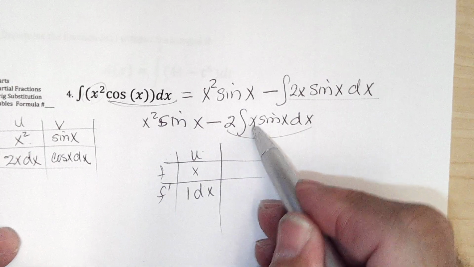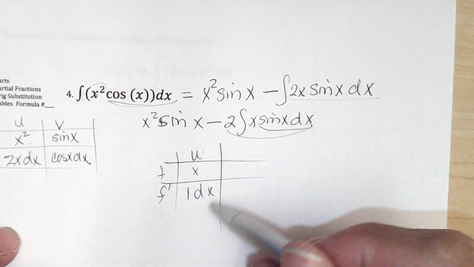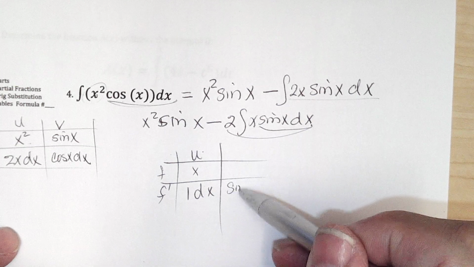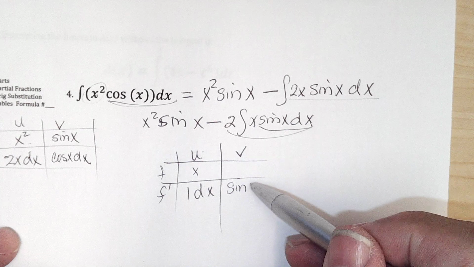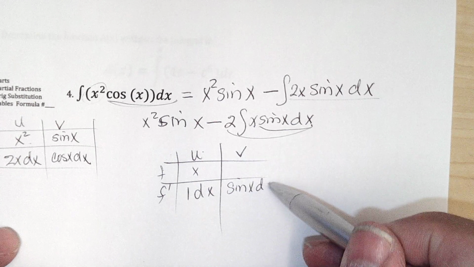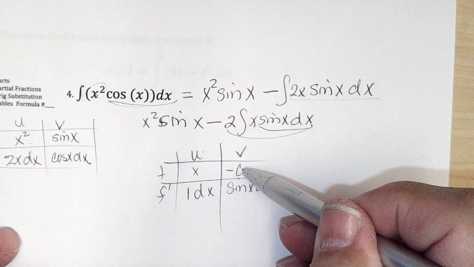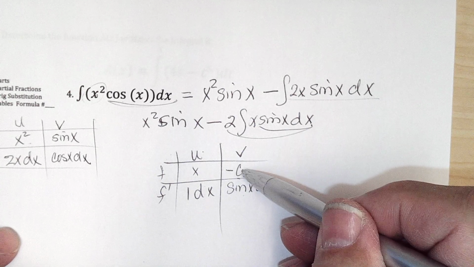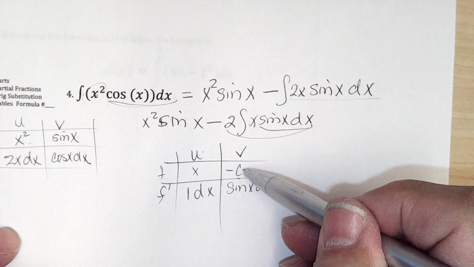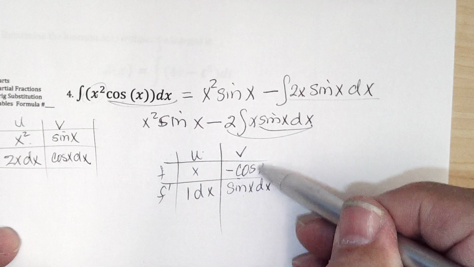If I'm letting x be the u, then the rest of this goes here, the derivative of v. So the antiderivative is negative. No, derivative cosine is negative sine. Yes, so negative cosine x.